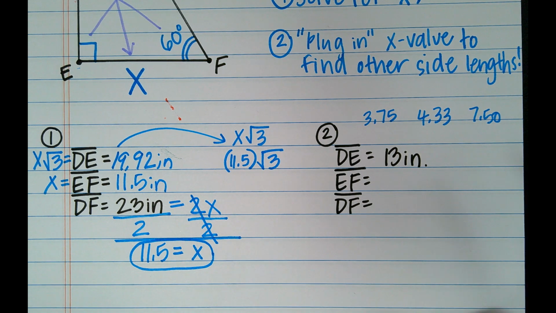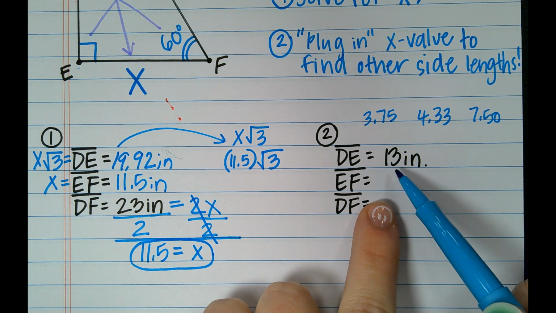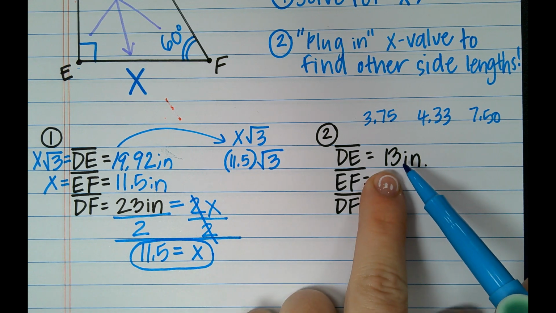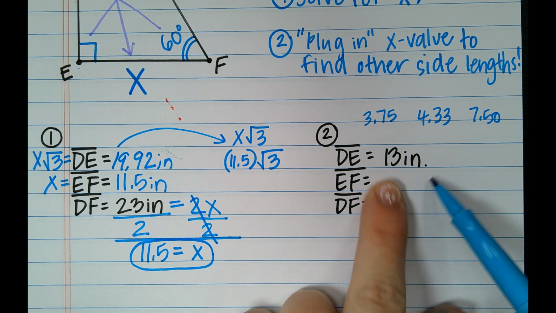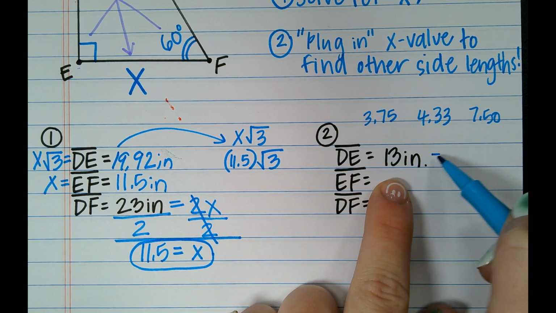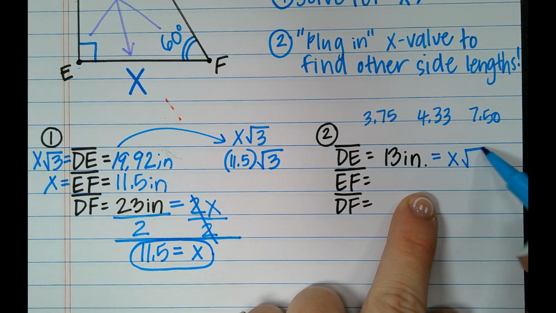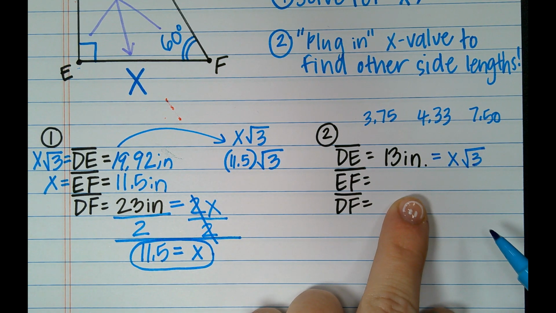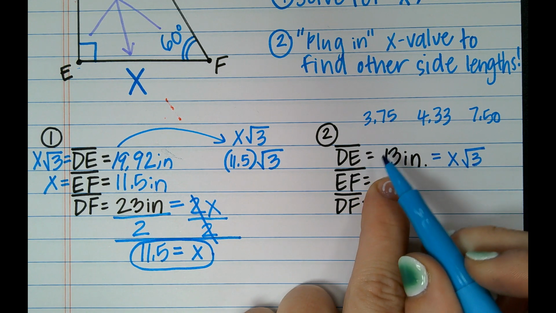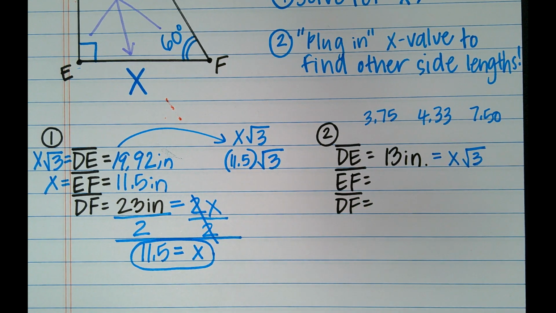Erica? So we have 13 inches for D, and we know that D is x radical 3. So to find x, which is EF, you just plug 13 in where x is, plug 13 in for X, and divide.